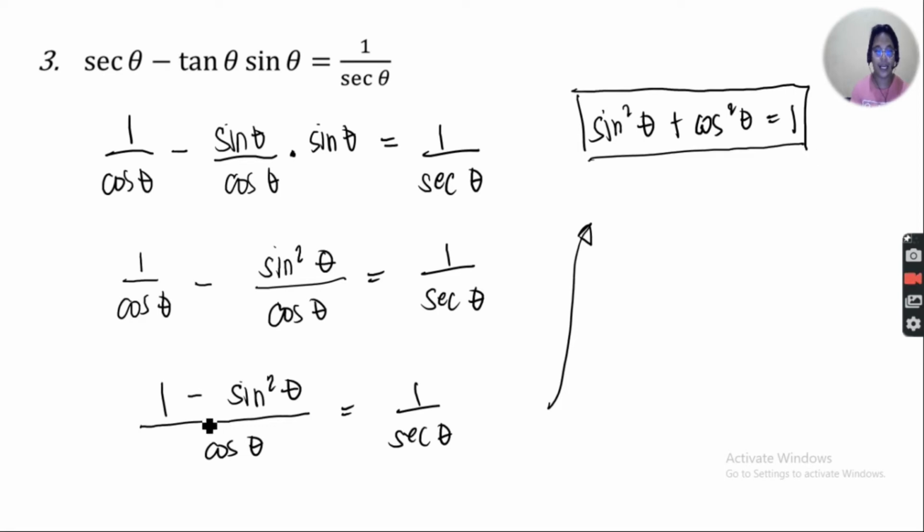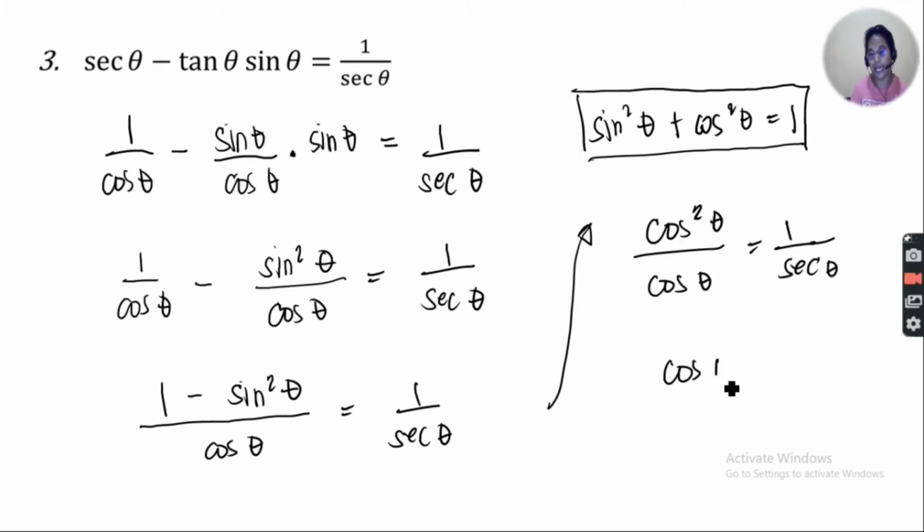So, ang magiging equivalent natin sa 1 minus sine squared theta ay cosine squared theta over cosine theta is equal to 1 over secant theta po. Then, since cosine squared divided by cosine is equal to cosine theta, and cosine theta is reciprocal of secant, so we have 1 over secant theta po.